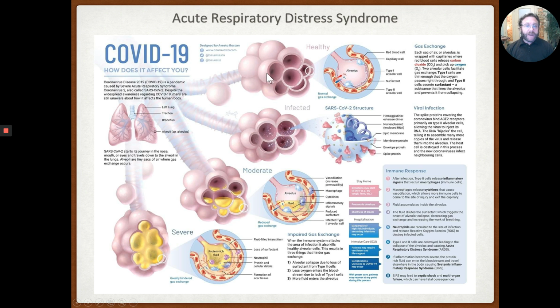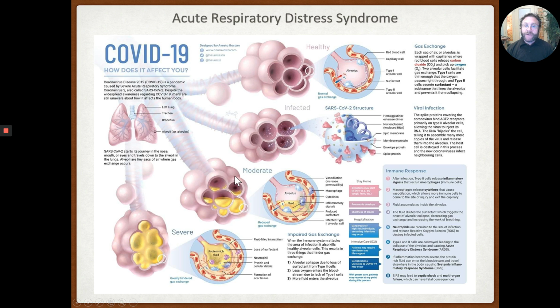So if you'll look at the next example, we'll see infected alveoli. So now the virus has gotten into these air sacs, and it's going to multiply and multiply, and the body's immune system is going to start to react. So we'll first come down to here where we have a moderate response.